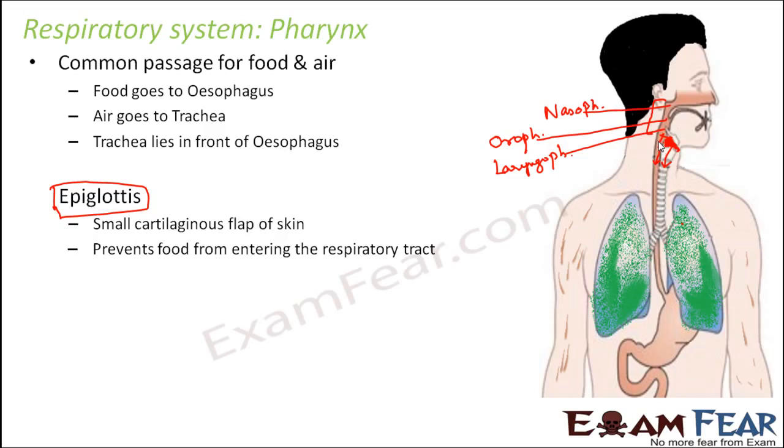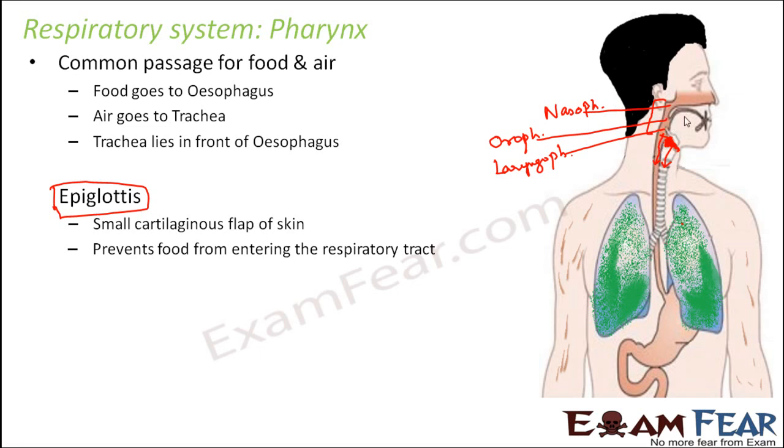When you start coughing, that coughing brings the food material outside, and as a result your respiratory tract is not damaged. But in case the food gets into the respiratory tract, it can lead to death. So the epiglottis performs a very vital function, without which there will be a lot of confusion. The food and the air will not know which way to go.